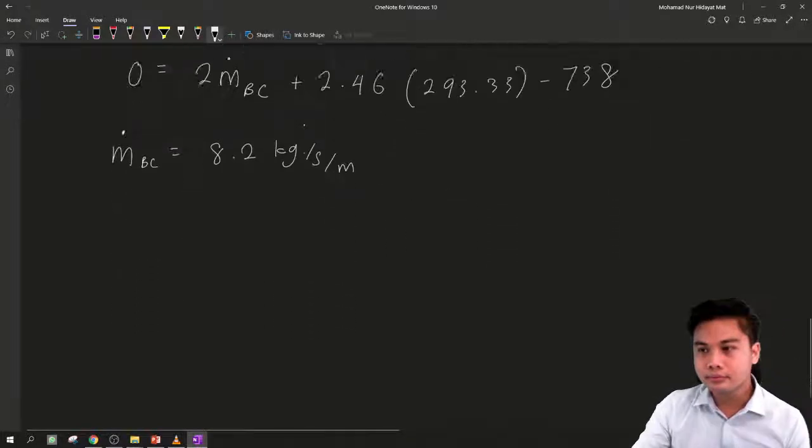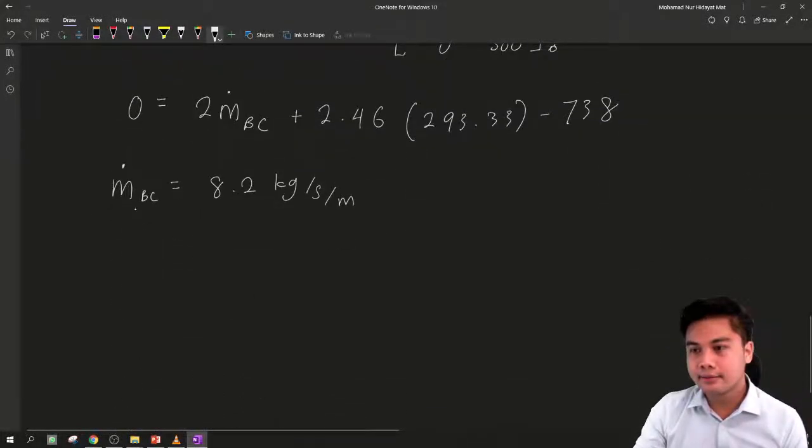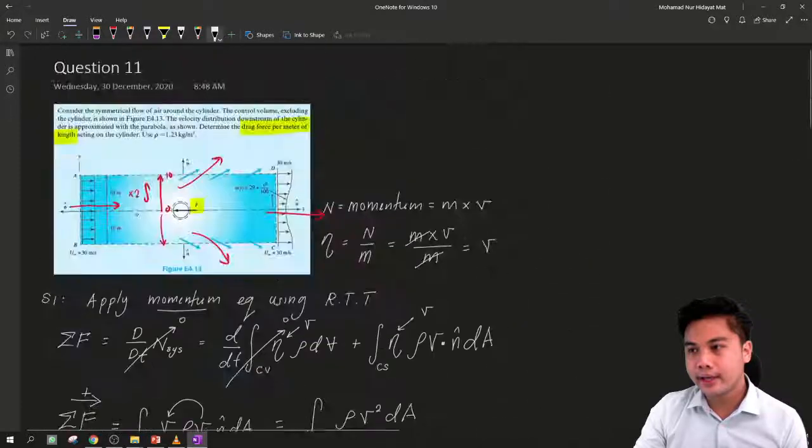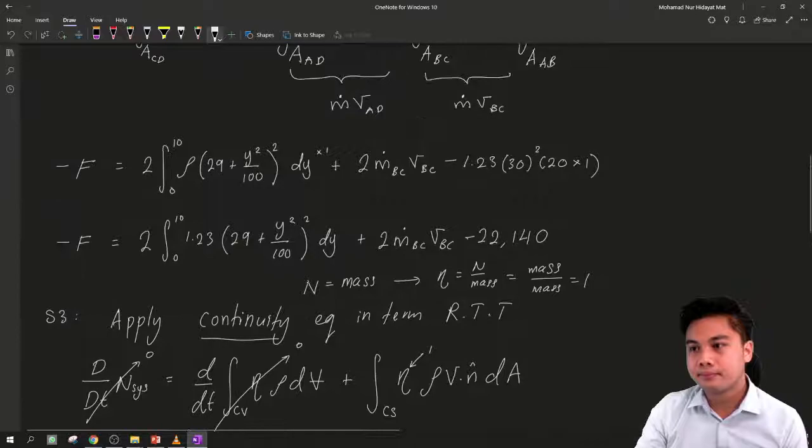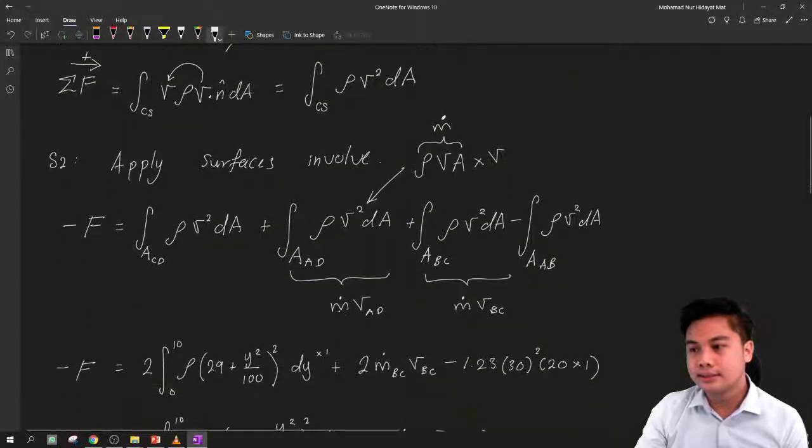So for this case, the mass flow rate of BC, you can replace with the step number 2, which is the mass flow rate here. You can replace with this equation.